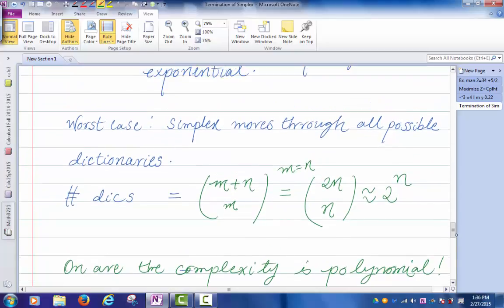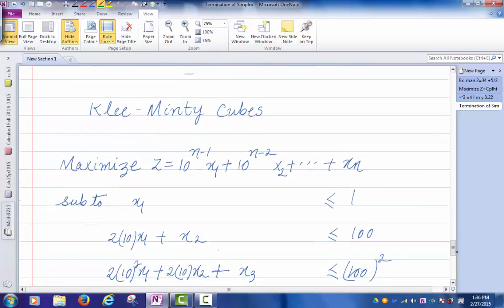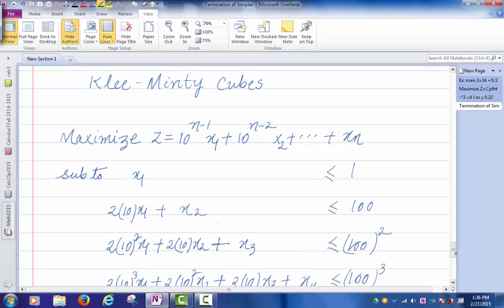We're not going to go over that, but this is called Klee-Minty cubes. The reason is, I gave you the example for the n-dimensional case. If you draw the feasible region in 3 dimensions, you'll see that it looks like a cube, but a distorted cube. Did I make sense? It's like a distorted cube.